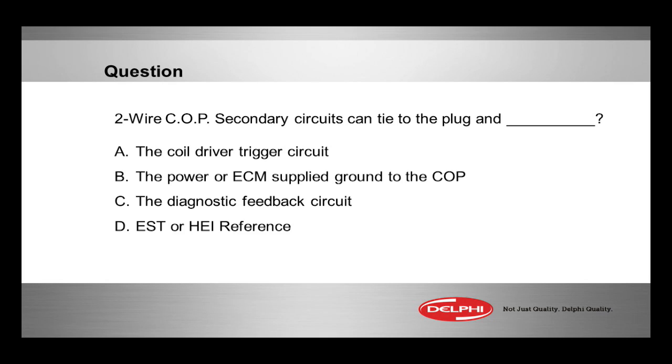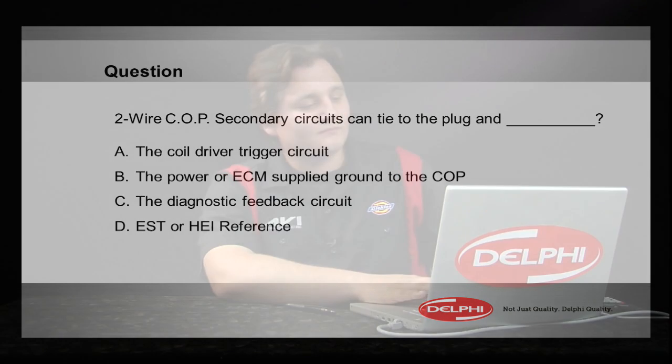Or D, EST or HEI ref. Make your answer choice now. All right, Dave, our numbers are in. We've got 7% on A, 73% on B, 13% on C, and 7% on D.